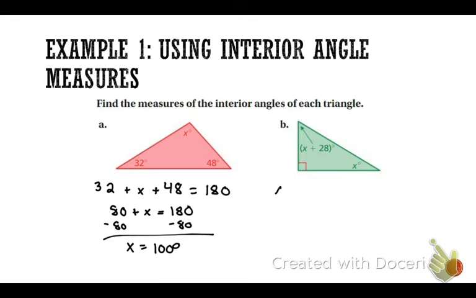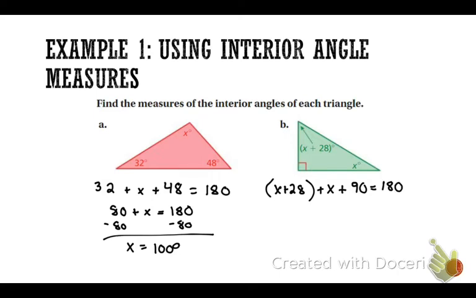So we have x plus 28. The only reason it's in parentheses is to tell you this is one angle measure, so the parentheses aren't going to matter when it comes to combining like terms. Plus x, plus 90, equals 180.